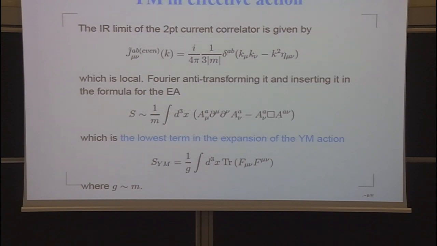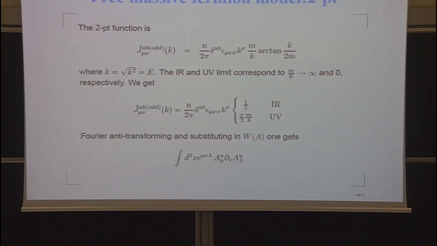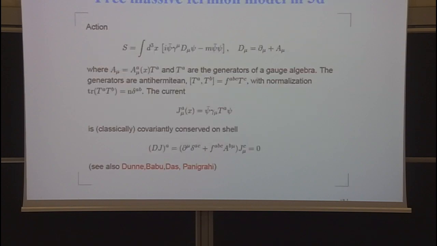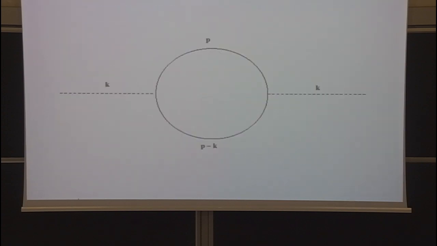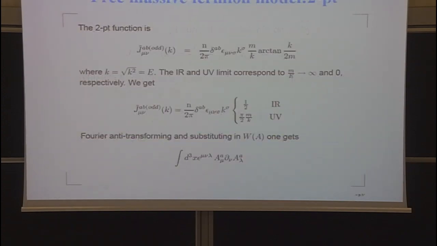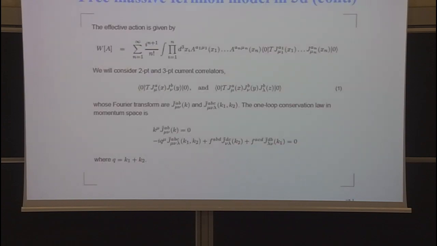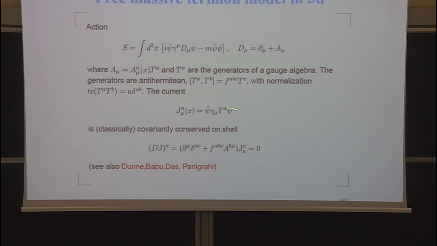If you go, instead of taking, okay, I forgot to say, of course, this theory, since it contains a mass, breaks parity in 3 dimensions, or at least reflection properties. And so there appear parity odd terms, as in this case.